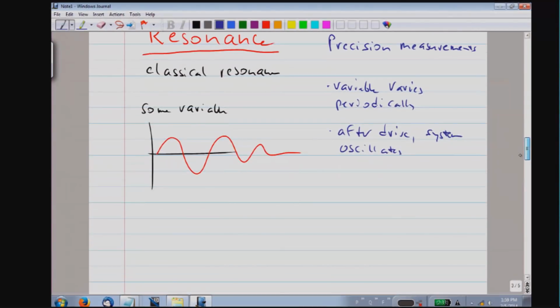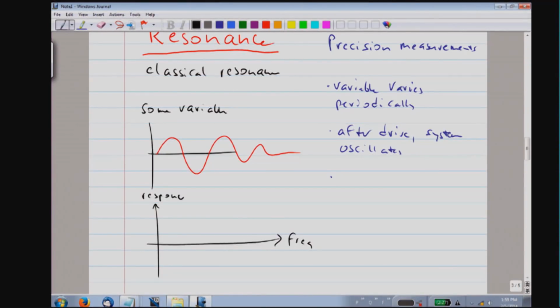This means that when you drive the system, so this may be a free oscillation, but now you drive the system with a variable frequency, and what you then observe is a peak.